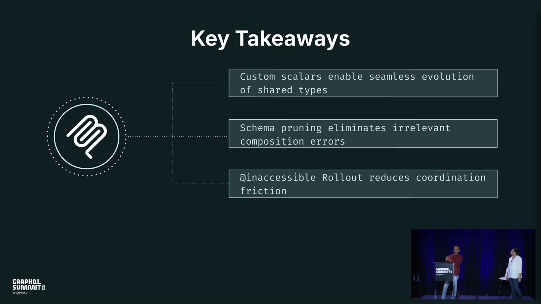But most changes to the shared types require coordination between subgraphs. So think about ways in which you could eliminate the coordination completely, like we did with the custom scalar. We changed the GraphQL enums that are shared types to a custom scalar. So that is complete elimination.